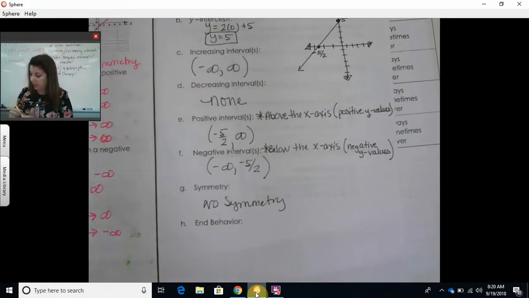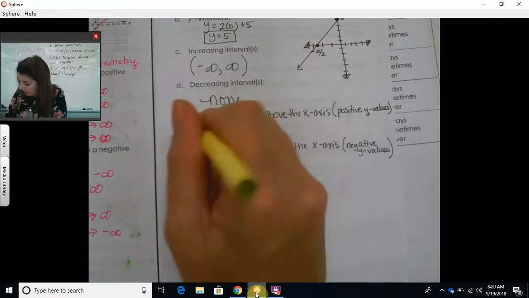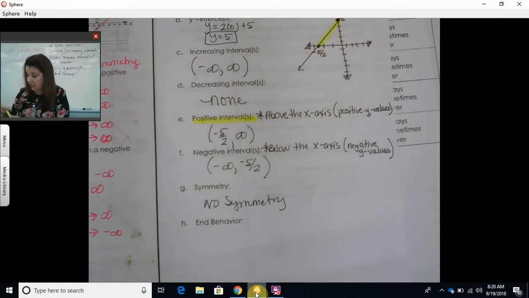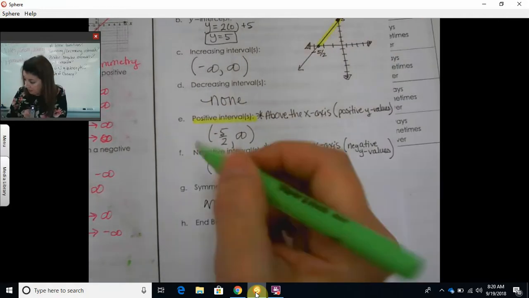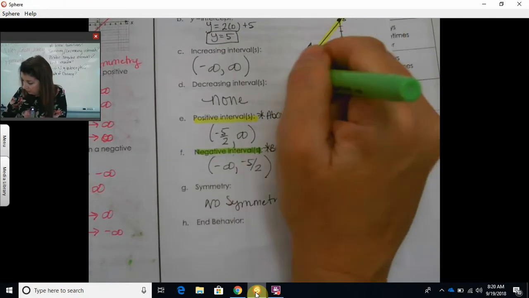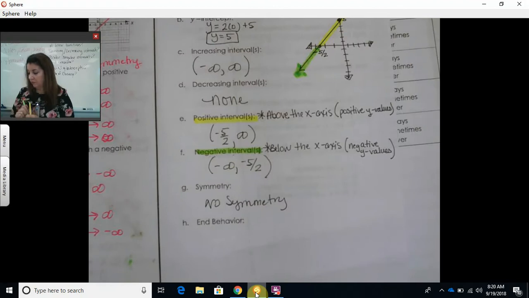Now let me do a little color coordinating over here. So my positive interval, I'm going to highlight in yellow, was that section. And my negative interval, I'll highlight in green. And then when I describe the end behavior, I'll use those same colors, okay?